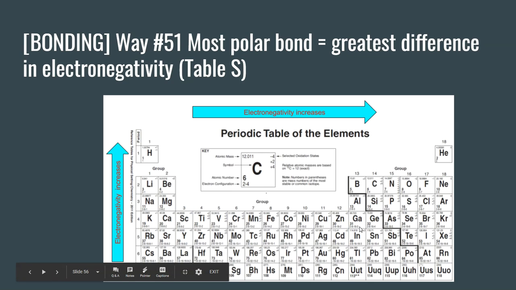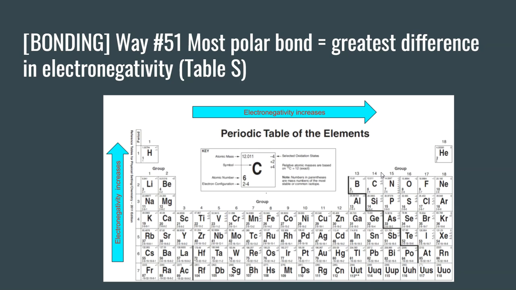So for example, oxygen and fluorine should have a small electronegativity difference compared to carbon and fluorine. The reason being is fluorine is most toward the top right and carbon is most to the left. So it would make sense that carbon has a lesser electronegativity than, say, oxygen. So the difference should also be greater between carbon and fluorine.